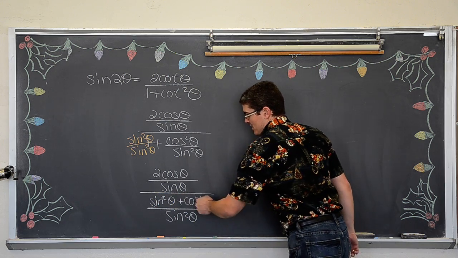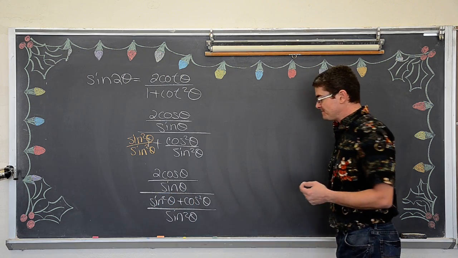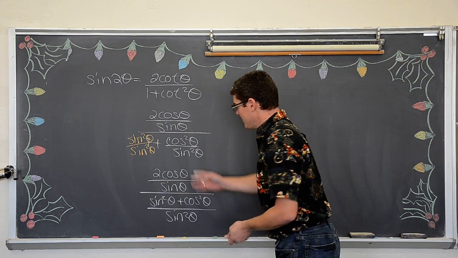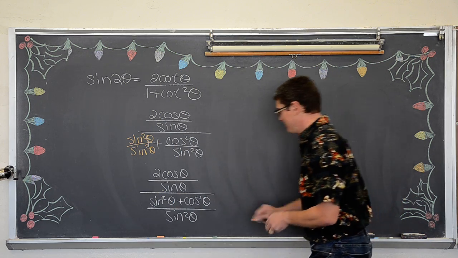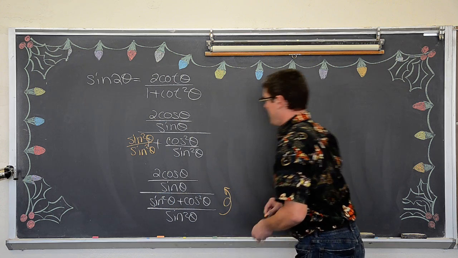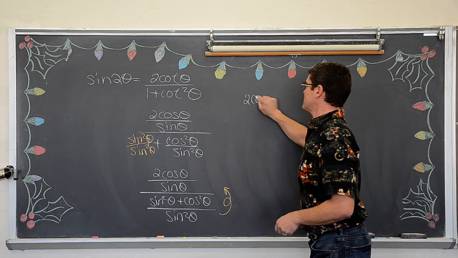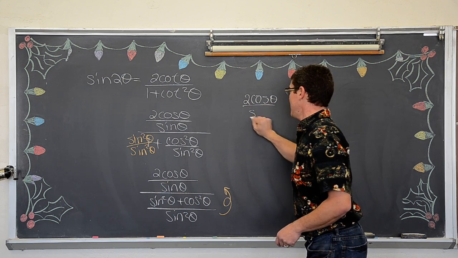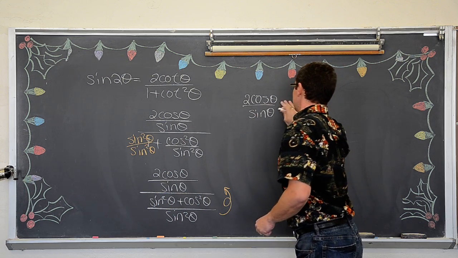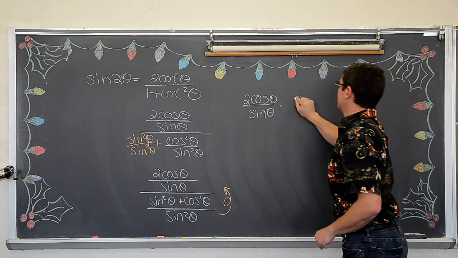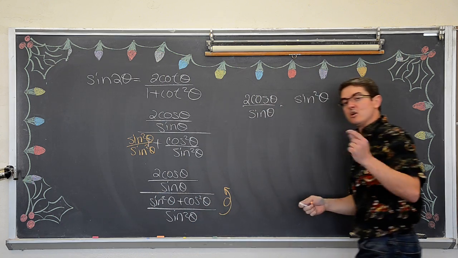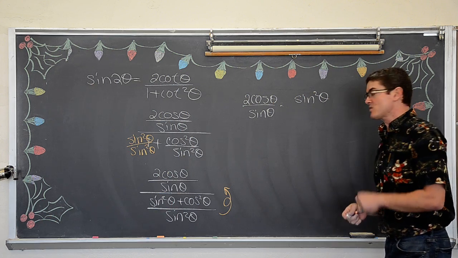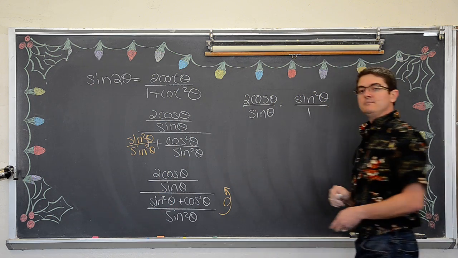Well, do you know your identities? Sine squared plus cosine squared is equal to 1. And anytime you have 1 fraction over 1 fraction, you can flip that bottom up. So we're going to flip the bottom up and write 2 cosine theta over sine theta times sine squared theta. When we flip the bottom up, don't forget, sine squared plus cosine squared equals 1.